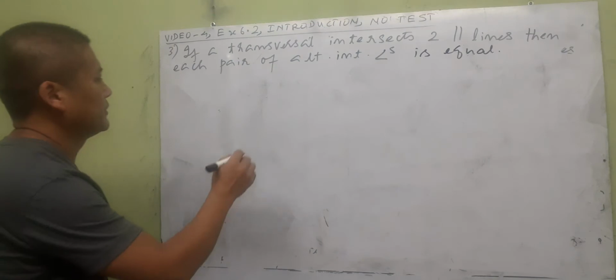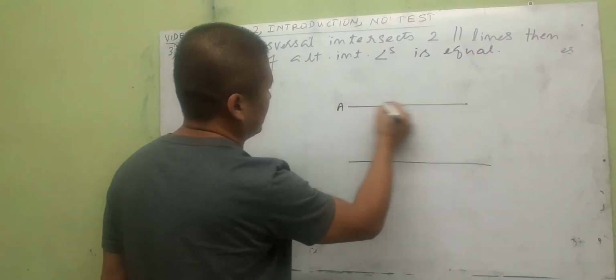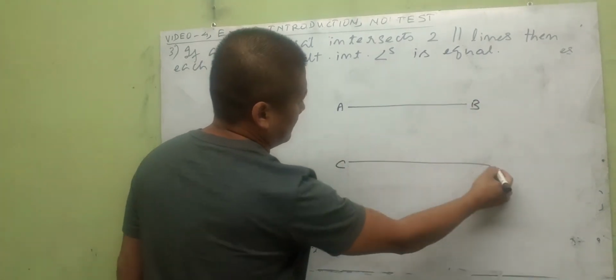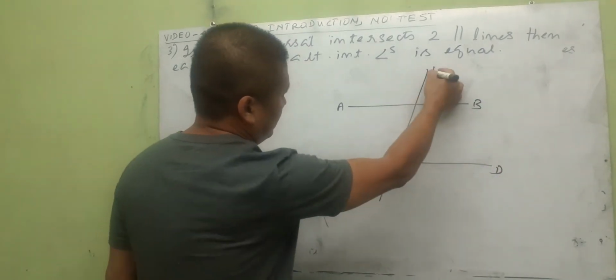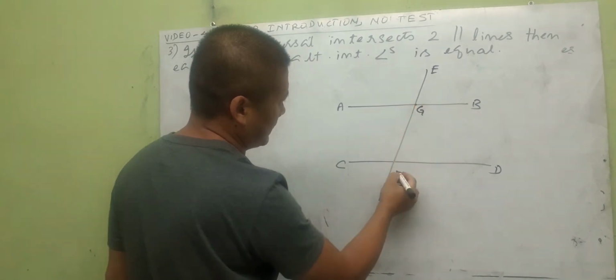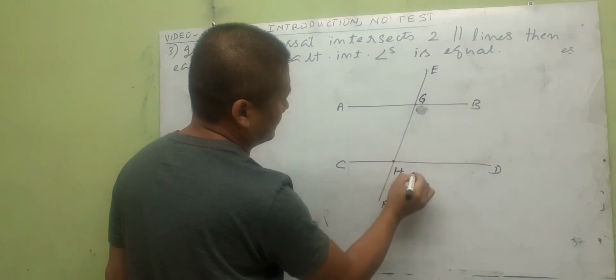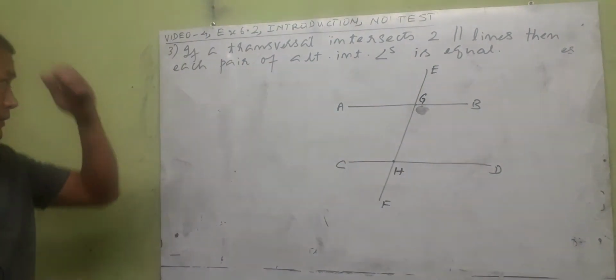So here, what does this mean? Two lines are there which are parallel, let us say. And then EF is the transversal cutting AB at G and CD at H, draw it.